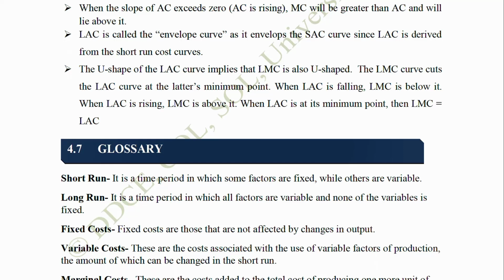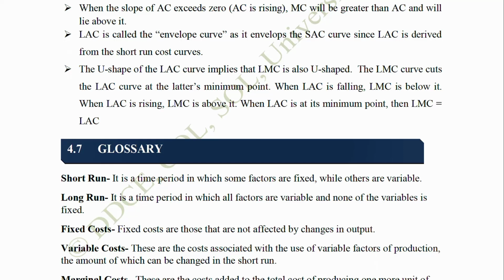Long run average cost is called the envelope curve as it envelopes the short run average cost curves, since long run average cost is derived from the short run cost curves. The U-shape of the long run average cost curve implies that the long run marginal cost is also U-shaped.